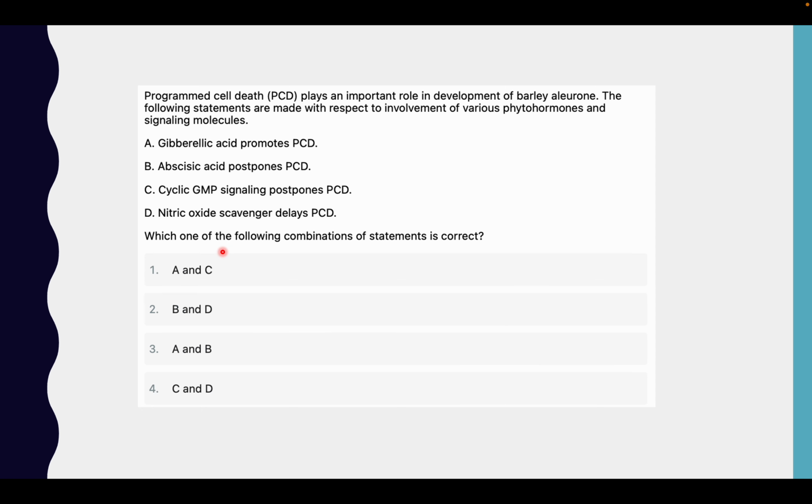Coming to next, PCD plays an important role in development of barley aleurone. The following statements are made with respect to involvement of various phytohormones and signaling molecules. Which of the following combinations of statements is correct?